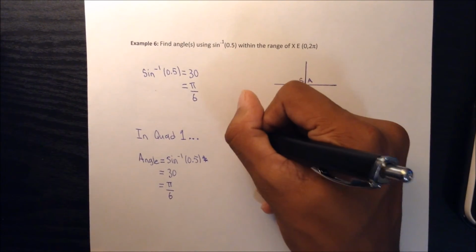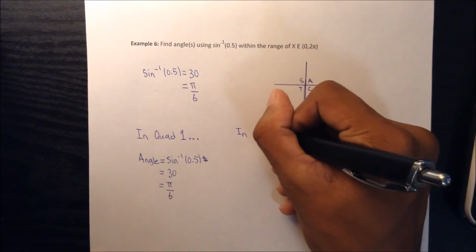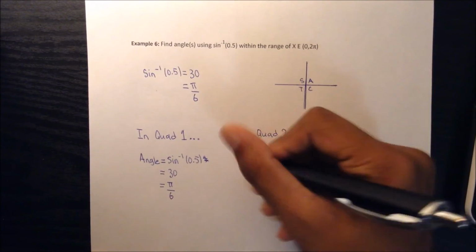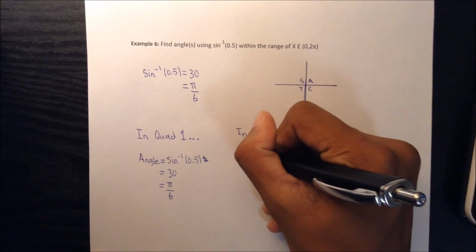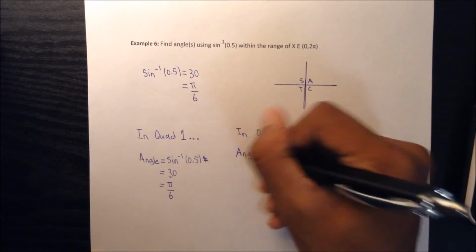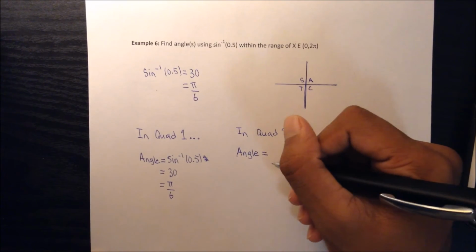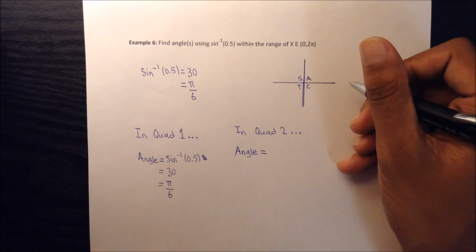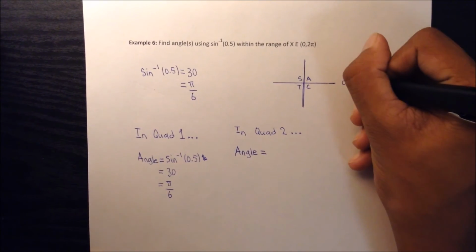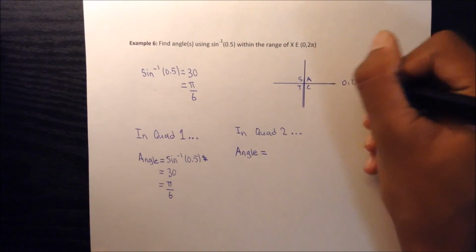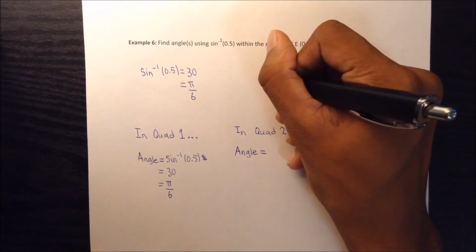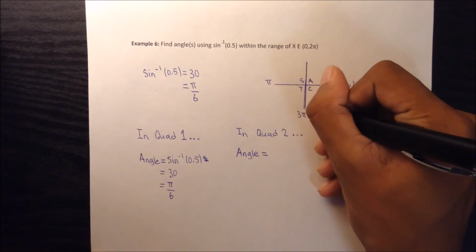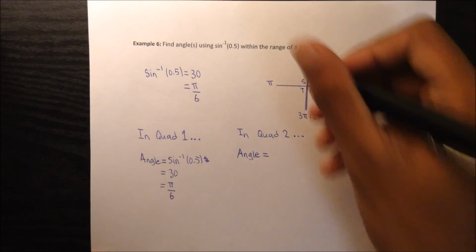And in quadrant 2, the angle equals, well, let me label this real quick. 0, 2 pi, pi, 3 pi over 2, and pi over 2.